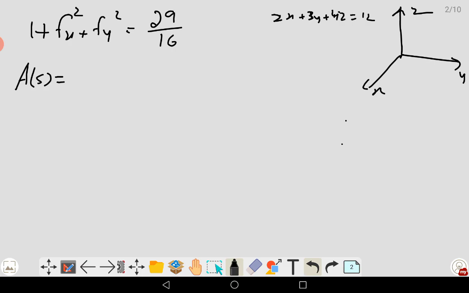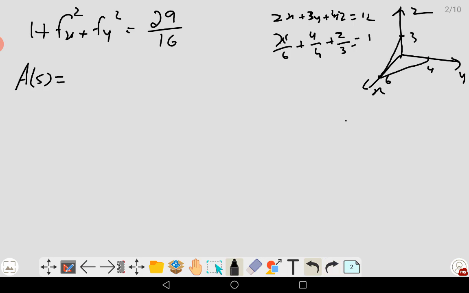When you divide this equation by 12, you get x over 6, y over 4, z over 3, which is equal to 1. So x intercept is 6, y intercept is 4 units, z intercept is 3 units.